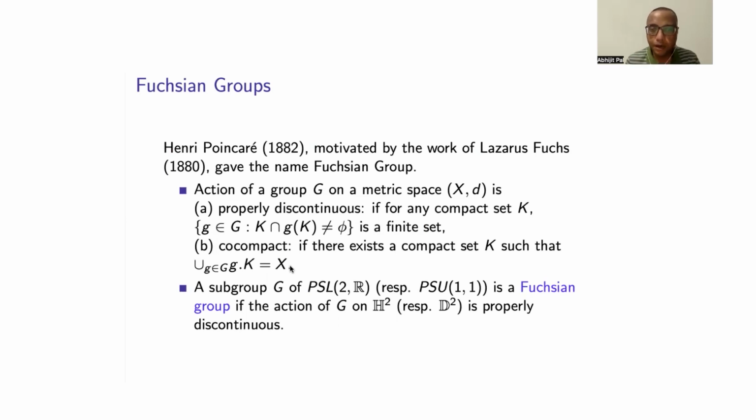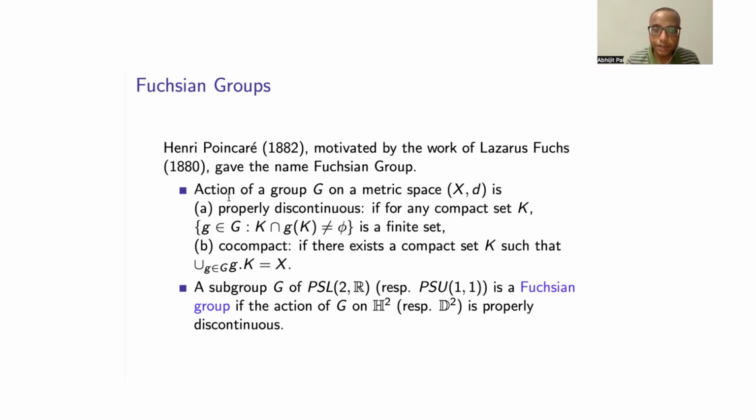This name Fuchsian was first given by Poincare. He was motivated by the work of Fuchs in 1880, and after that he gave the name Fuchsian group.